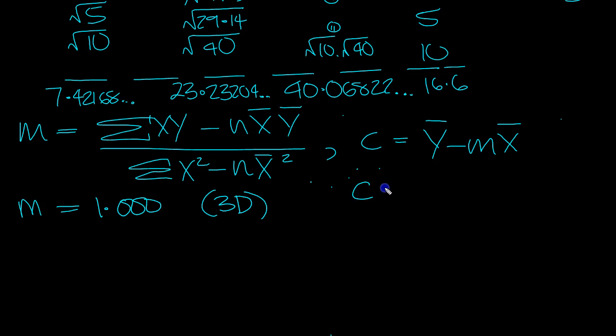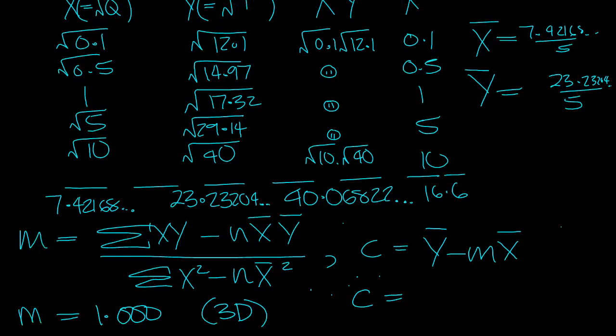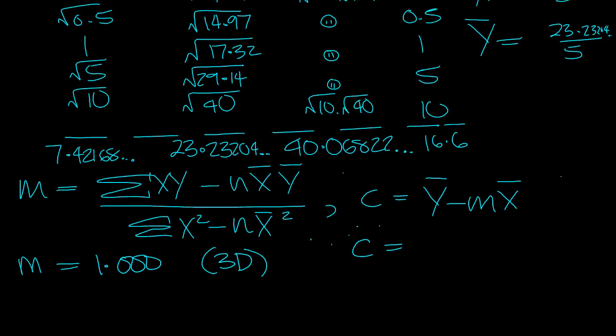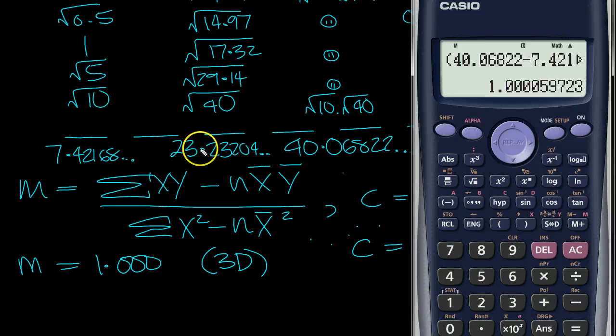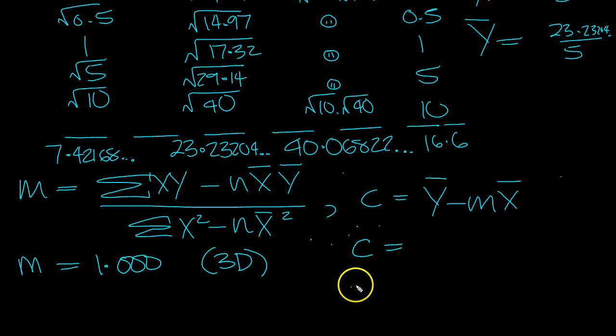So C is equal to y bar minus mx bar. So it's just y bar minus x bar, because m is 1. So it's 23.23204 divided by 5 minus 7.42168 divided by 5. 3.162 to 3dp.